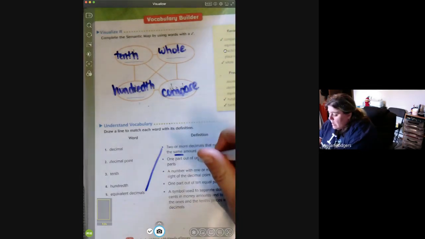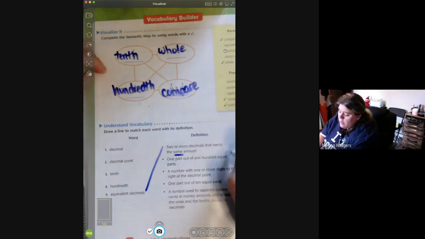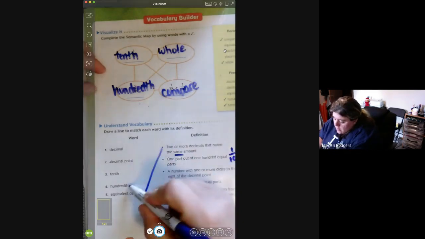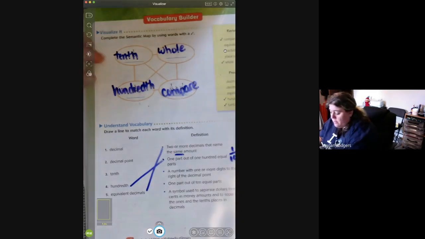1 part out of 100 equal parts. So 1 out of 100 would be 1/100th. A number with one or more digits to the right of the decimal point.